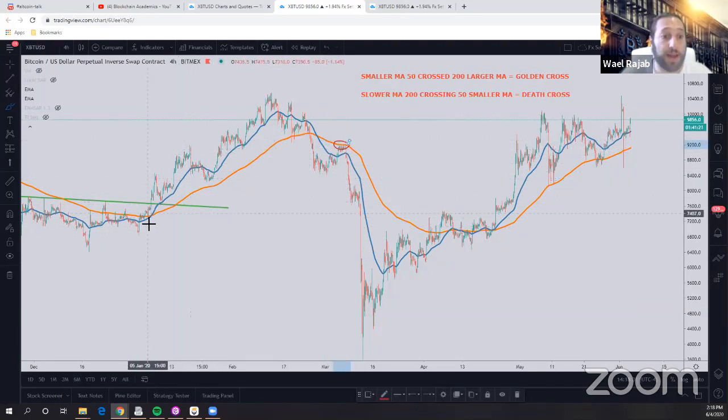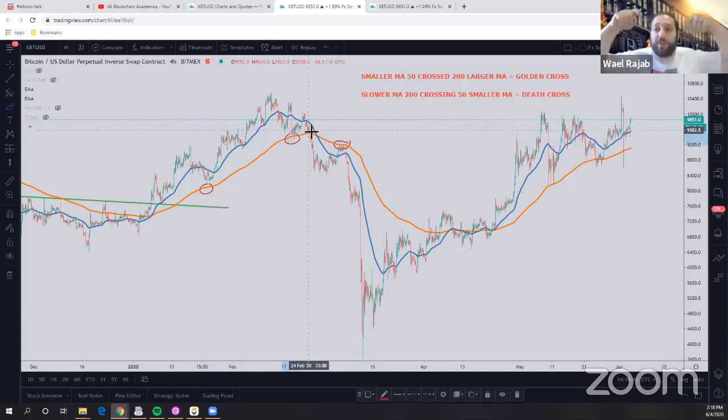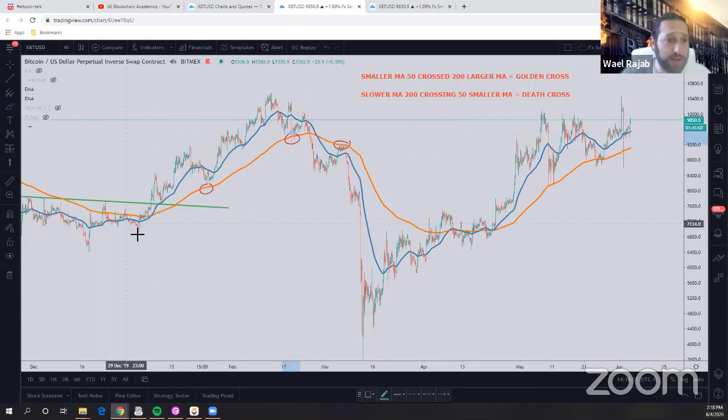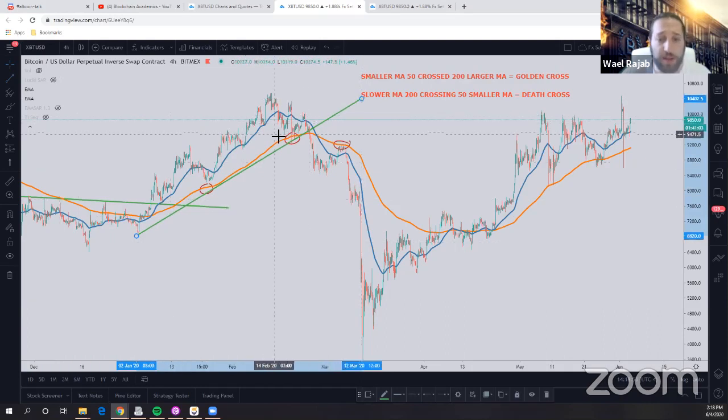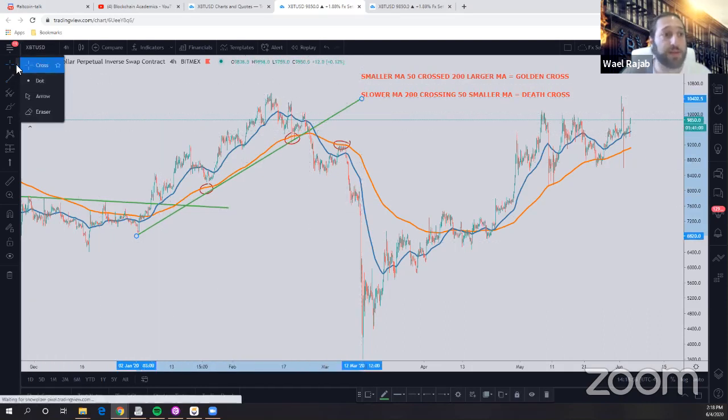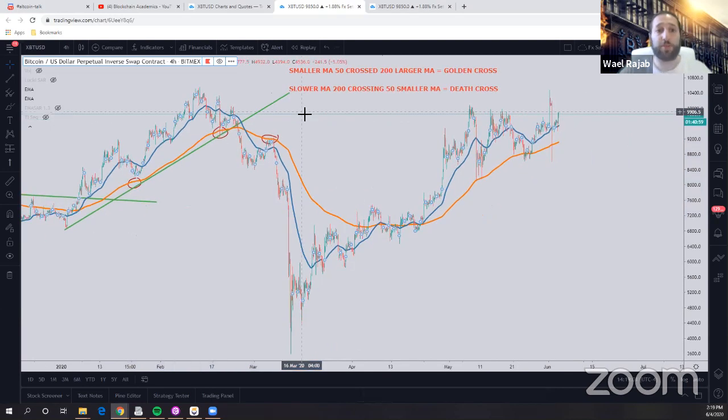So on the bull side with the golden cross, you're buying if it touched here, buying if it touched here. Now that it crossed over and we have the death cross and the moving averages are pointing down, and you can see that this trend, it broke. This uptrend broke. However you want to draw the trend line, it literally broke. So now you can see that the moving averages are pointing down.